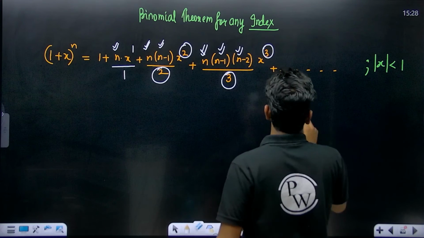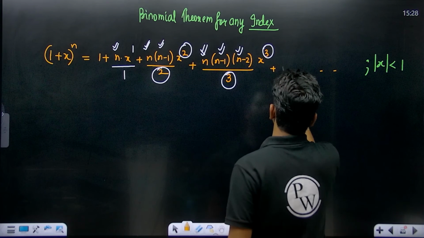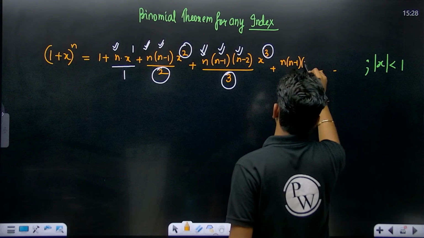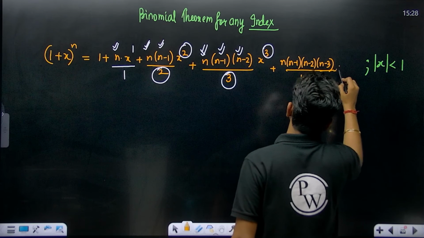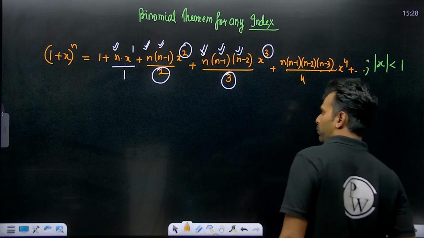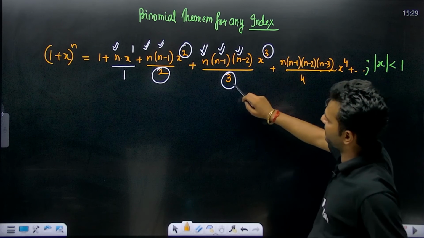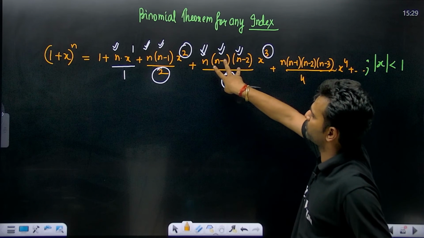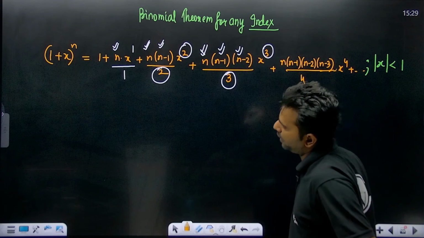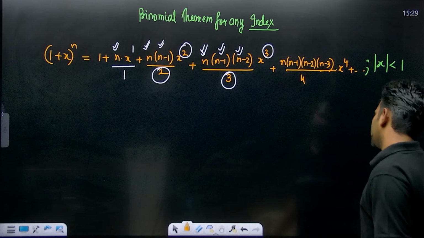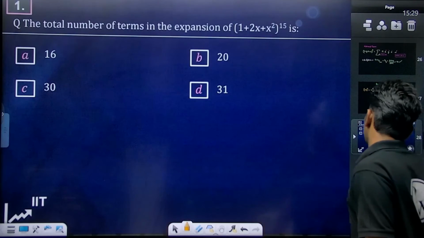So the next term is going to be n into n minus 1 into n minus 2 into n minus 3 upon 4 into x to the power 4, and so on this will go. I hope you got the trend. Whatever is the power of x, the very same number is written over here, and those many numbers are written over here as well, starting from n, going one down always. So this is one formula. Based on this you can evaluate binomial theorem for any index, and you can apply it in problem solving.